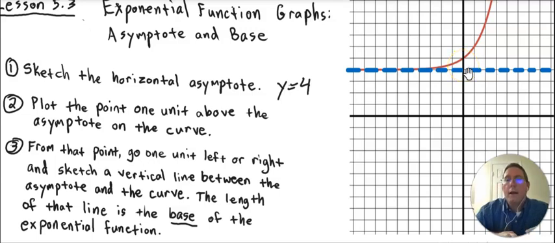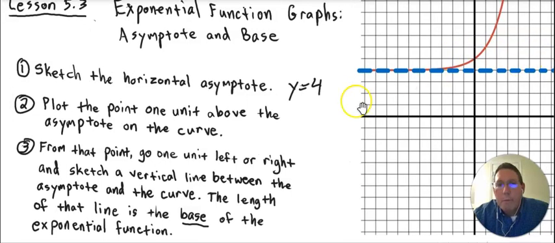Now we're going to plot the point 1 unit above the asymptote on the curve. So we go to the asymptote, 4, and we go up 1 unit to 5, and we go sideways until we hit the curve. Bam! See that? We hit the curve right there. That's the point we want.